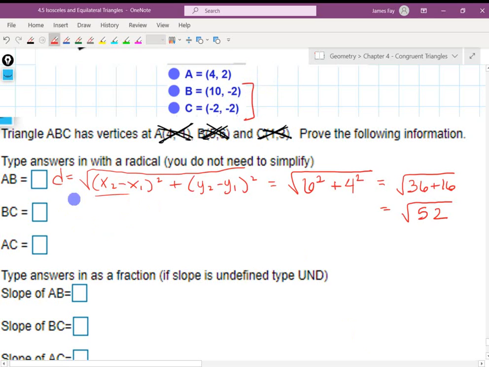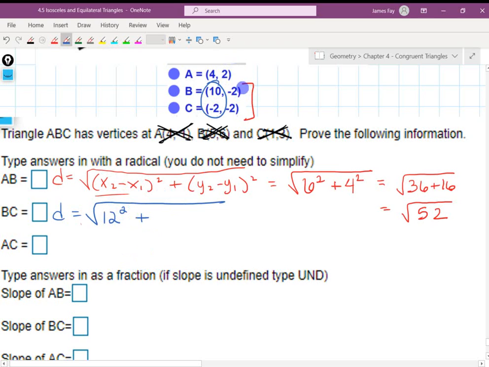Okay, so working from B to C. Okay, now I'll do this in a different color. Okay, if I subtract my x's, what's 10 minus negative 2? 12. And I'll square that.